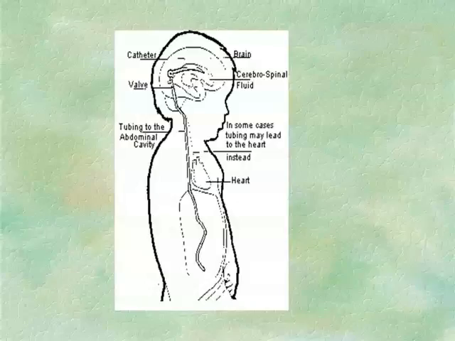Prior to that time, children with hydrocephalus were severely mentally retarded, probably not living very productive lives, and quality of life was very limited. Now that we have this in place, we have children who are growing by leaps and bounds and having a much better quality of life than they had prior to those VP shunts.